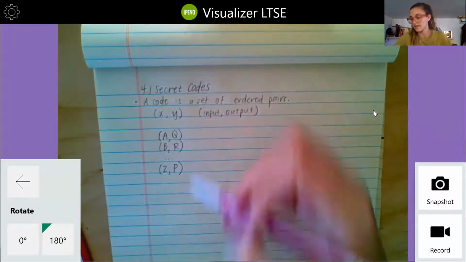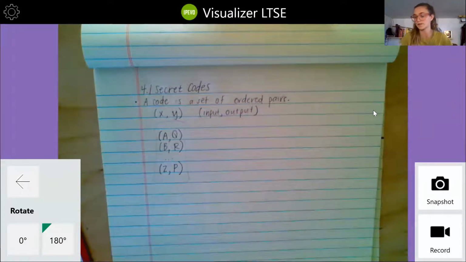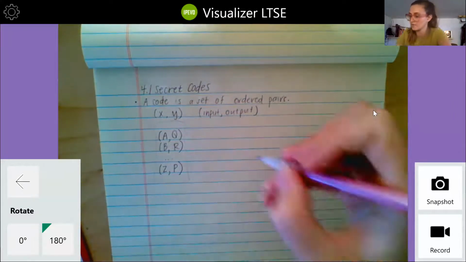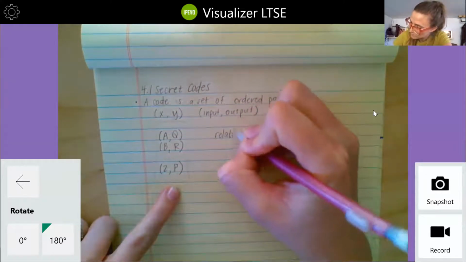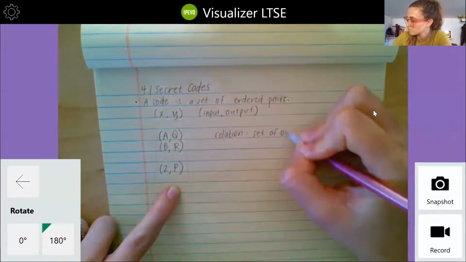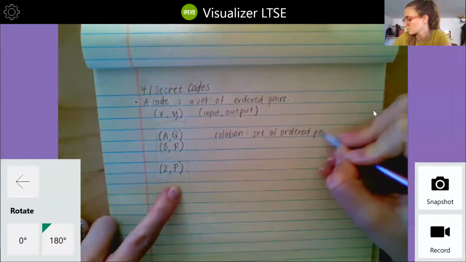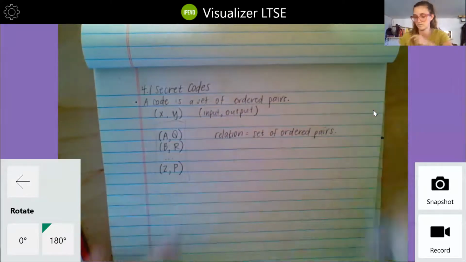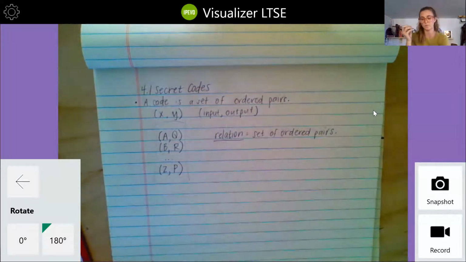So this set of ordered pairs is called a relation. This is one of our vocabulary words, relation.